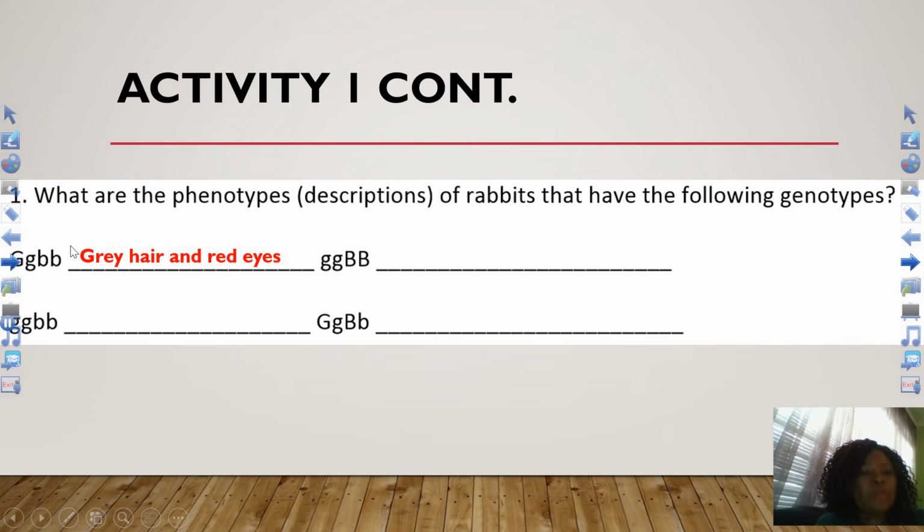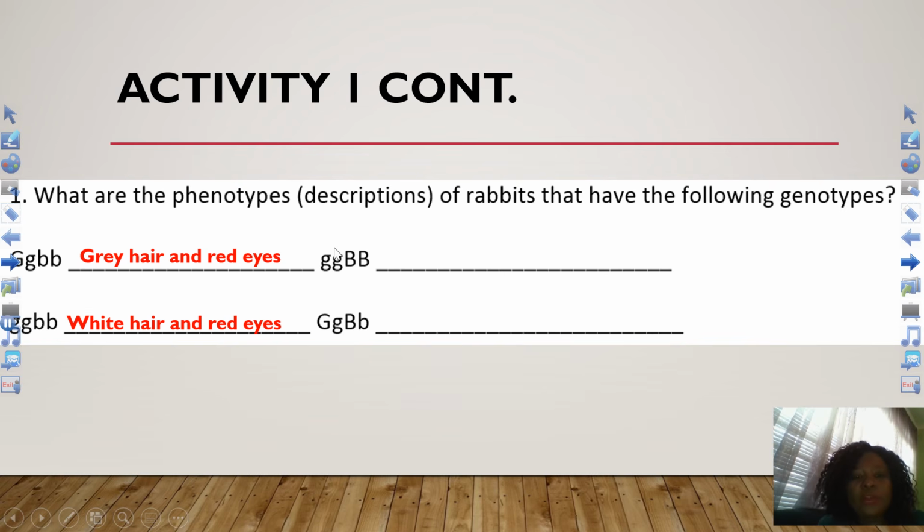So the small b's represents the recessive color of the eyes, which is red eyes. So the first individual is going to be having gray hair and red eyes. The second one has got two small g's, meaning that they will have white hair, and two small b's, which means that they will have red eyes. So the next phenotype is white hair and red eyes.